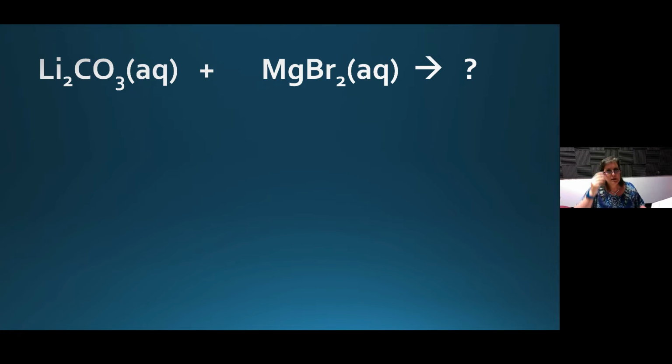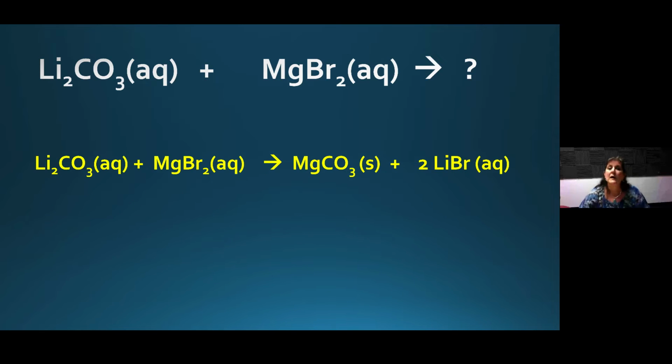Let's look up Mg or CO3, whichever we come to first. Aha, rule number 6, carbonate, insoluble. There's our solid. So MgCO3 makes a solid, so we do have a reaction. We made a solid. So the products are MgCO3 solid and LiBr.